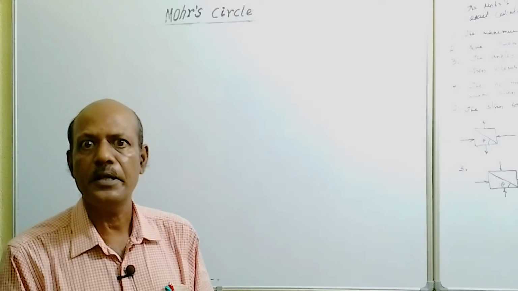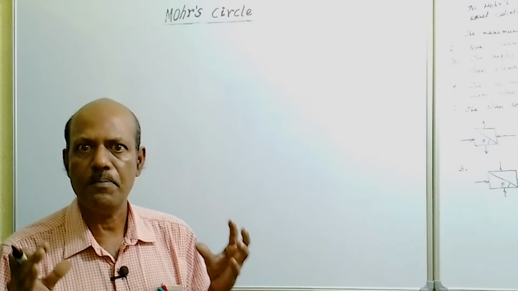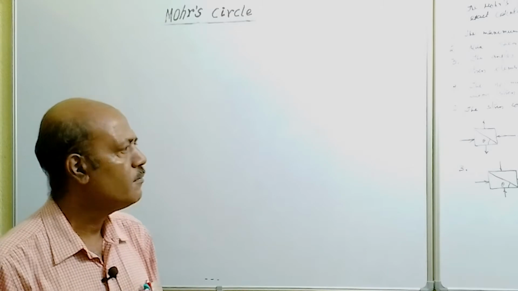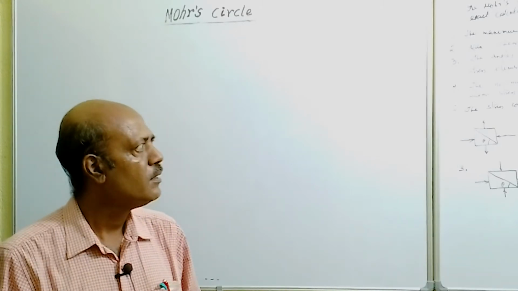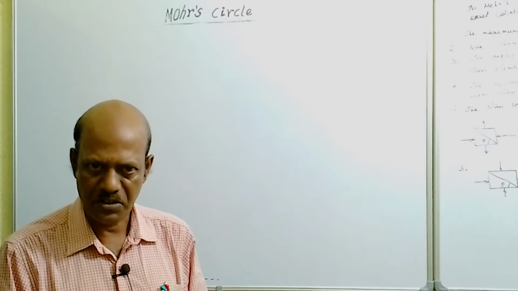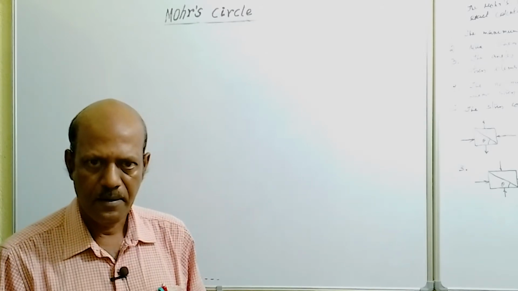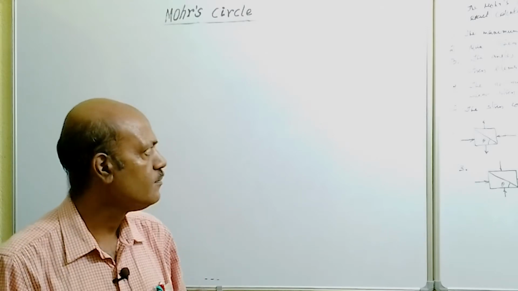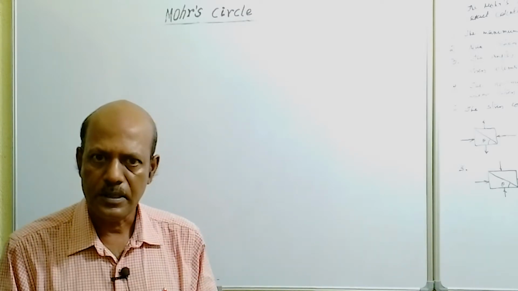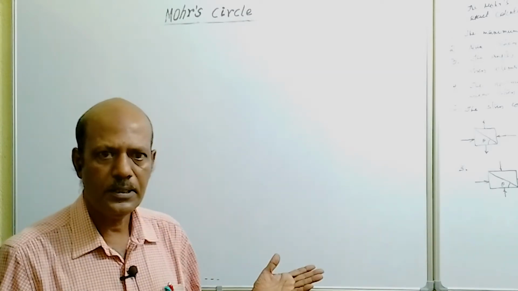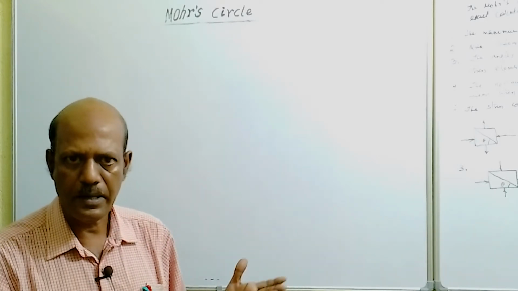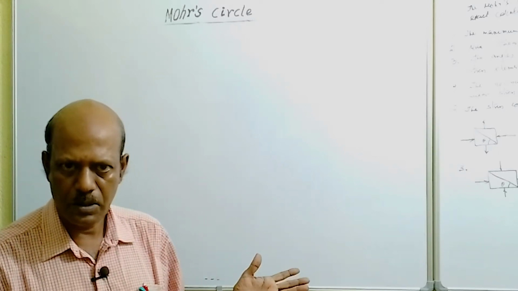Next, the angle of orientation of the principal plane elements and maximum shear elements. Next, the normal stresses that exist along with the maximum shear stress element. And at last, the stress condition at an angular position. All these things we can find by using the Mohr Circle. That's why the Mohr Circle is that important.